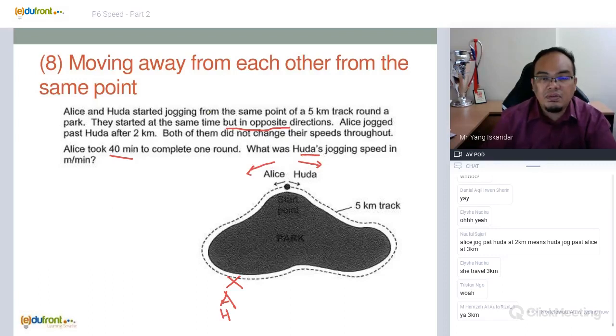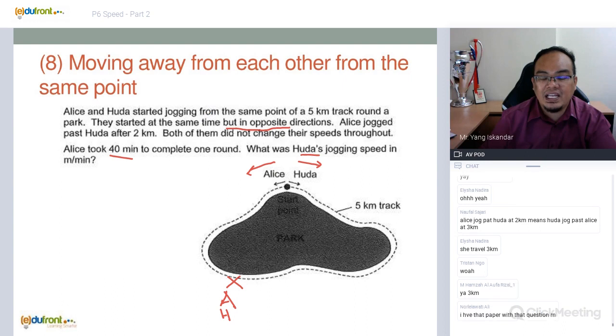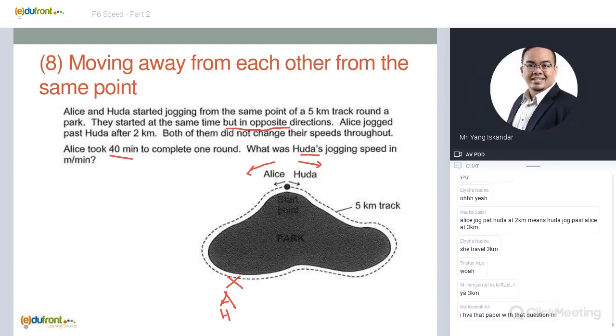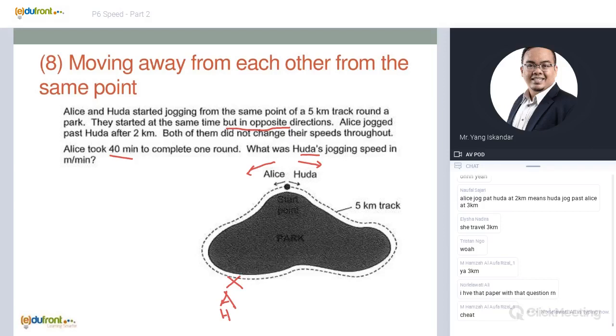Now I will give you 3 minutes to solve this question. The question asks, what was Huda's jogging speed in meters per minute? I'll give you 3-4 minutes to solve this question. Three steps only.